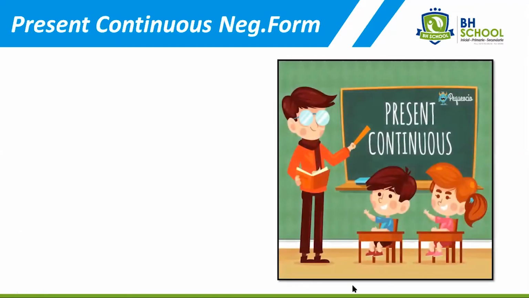Present continuous in negative form. In this opportunity we are going to use this picture. Here we have a teacher and two students. Children, let's create a negative sentence. What about them? In negative, please. Let's take a look.